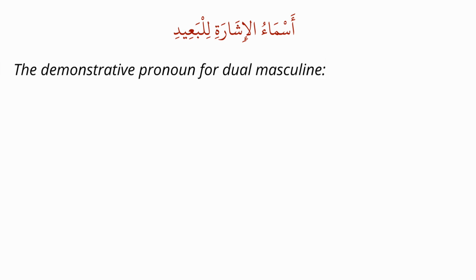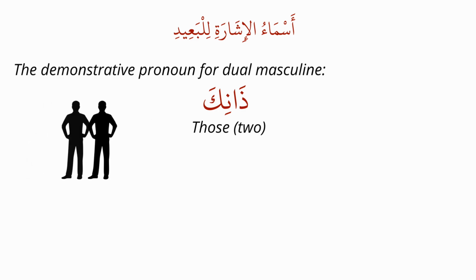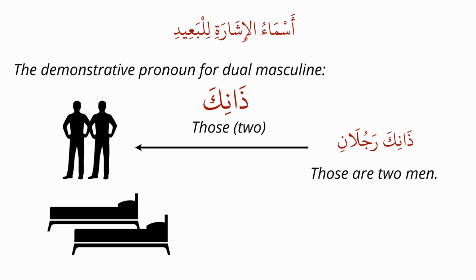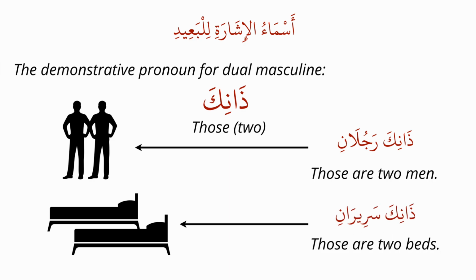Next, the demonstrative pronoun for dual masculine, which is ذانك, meaning those, referring to two masculine entities. For example, ذانك رجلان. Those are two men. ذانك سريران. Those are two beds.